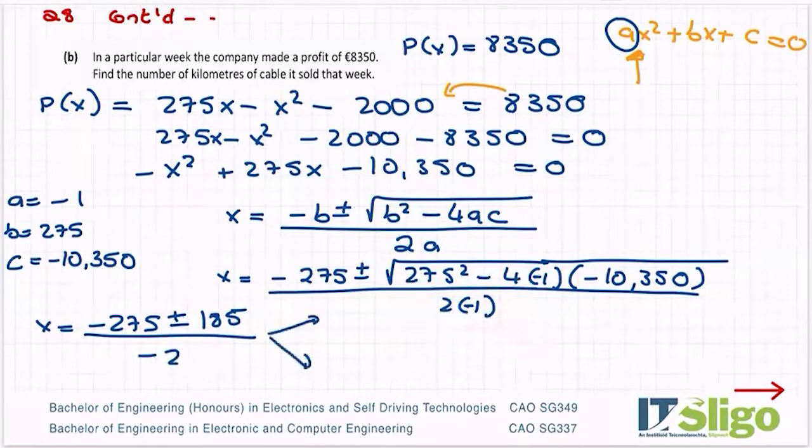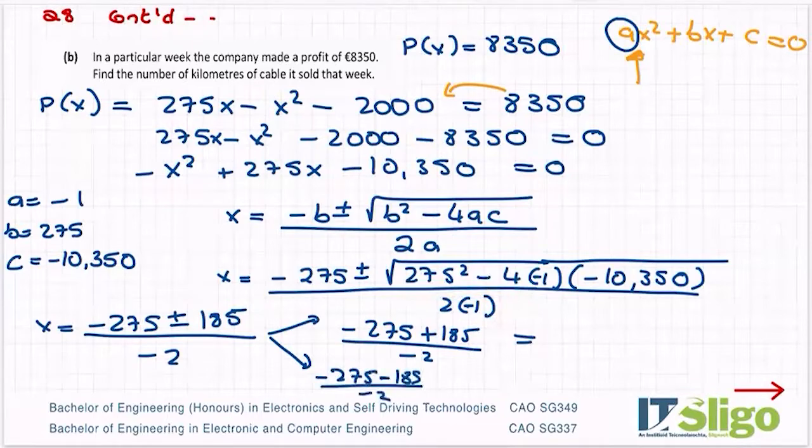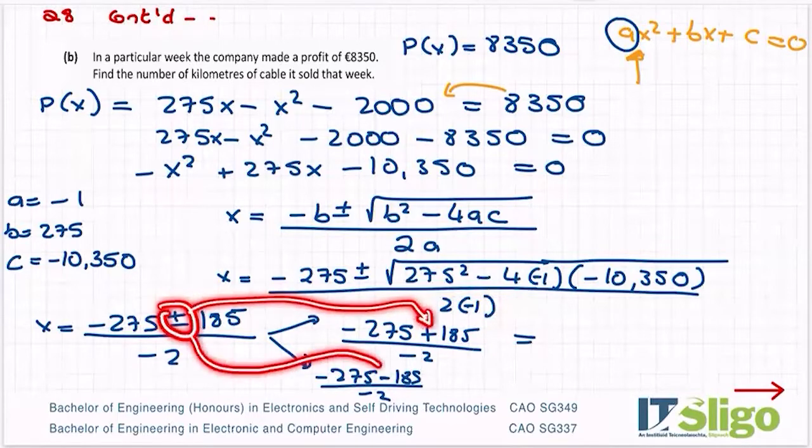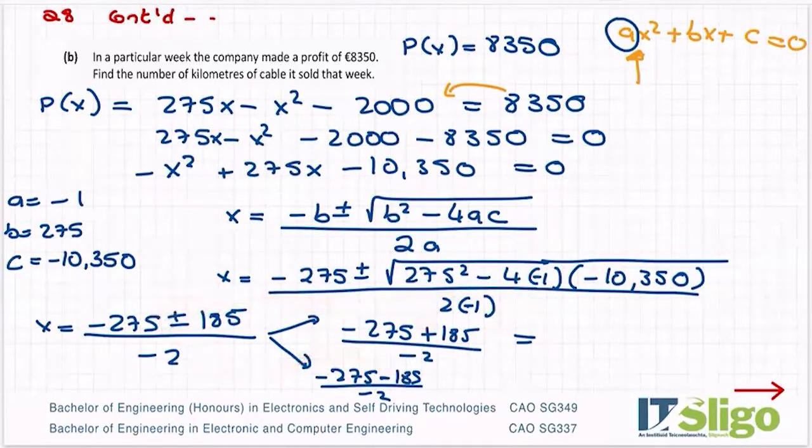So let's split it: minus 275 plus 185 over minus 2 will be one answer, and my next answer will be minus 275 minus 185 over minus 2. So I've split that plus and minus. Hit the fraction button, minus 275 plus 185 all over minus 2, and I'm getting x is equal to 45 for that one.